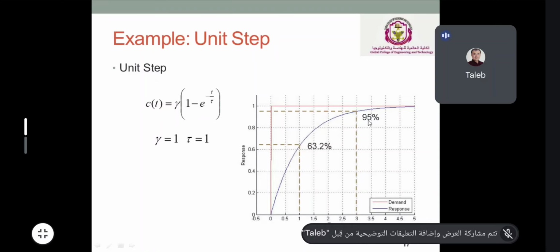Then after 3 seconds, we will arrive at 95% of the output. And then after about 5 seconds, we can reach the final value. Still not exactly the final value, but it's very close.